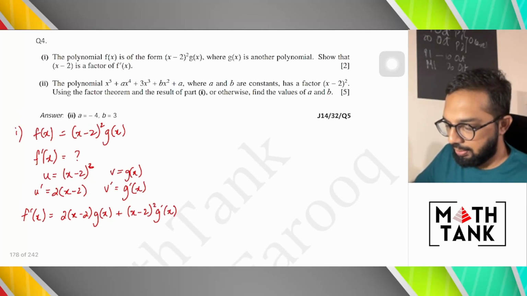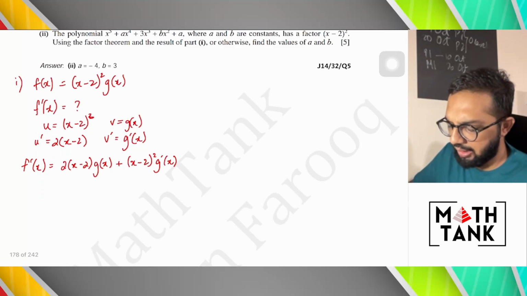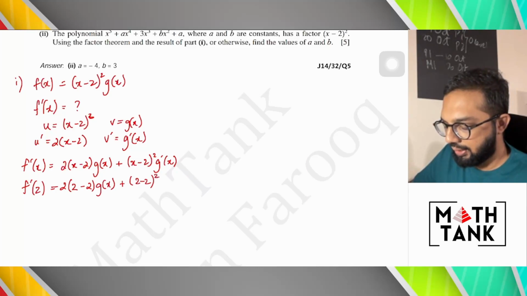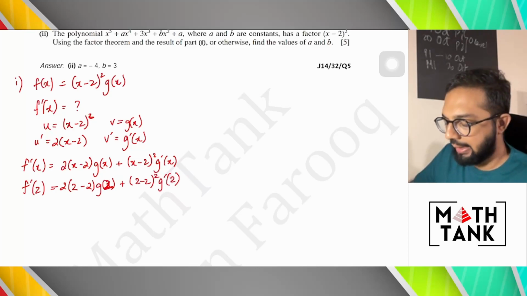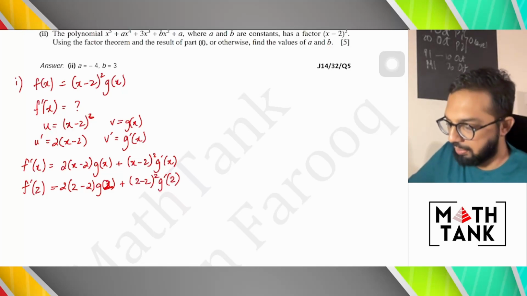Now I'm asking you to prove that x minus 2 is a factor of f bar of x. This is the remainder factor theorem: if I plug in 2 into this entire expression, this should boil down to 0 if x minus 2 is a factor. x equals 2 when plugged into the equation should give you 0.